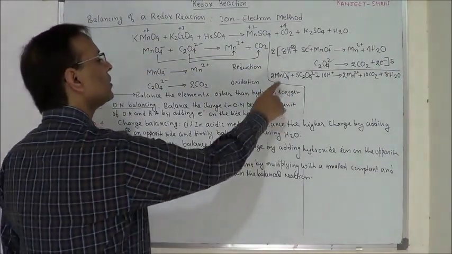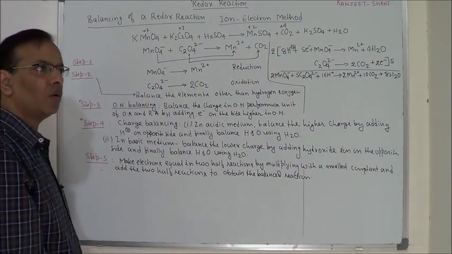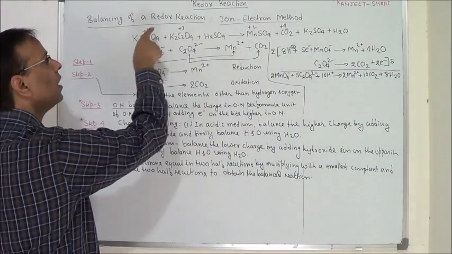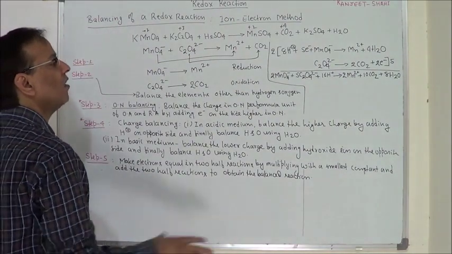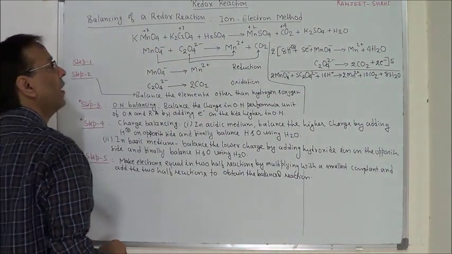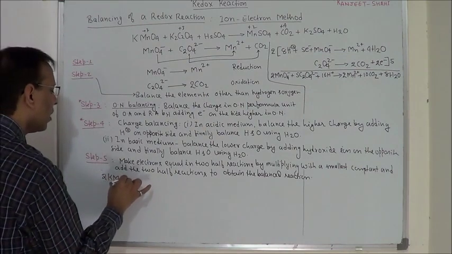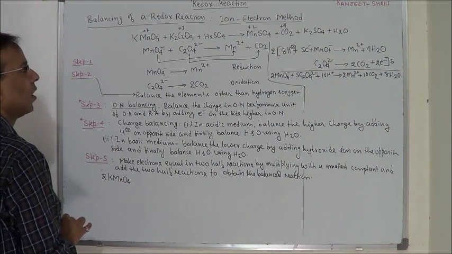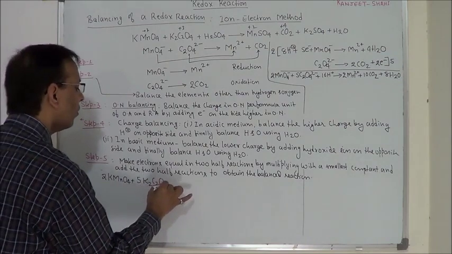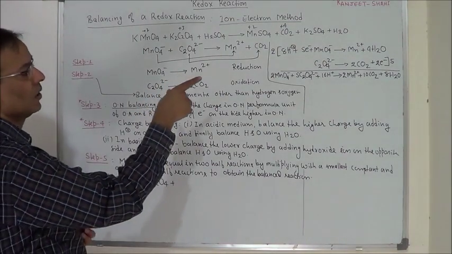Now we'll have to convert this back to neutral form, and for doing that, we just need to compare the coefficients of the balanced redox reaction with the unbalanced redox reaction. Just pick up the coefficients here and put them into the unbalanced reaction. What we obtain? 2KMnO4 plus 5K2C2O4 plus 16H plus.